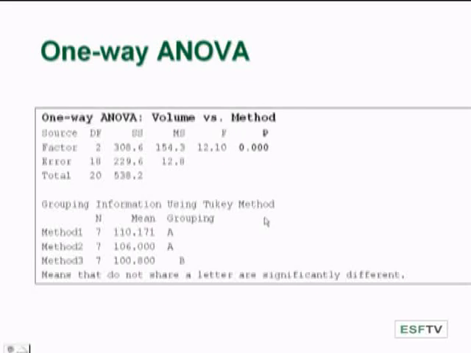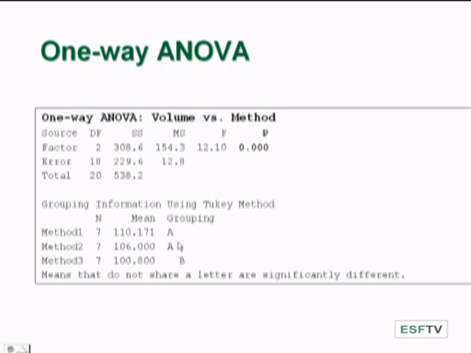This grouping information uses Tukey's method. What we see here is that means that do not share a letter are significantly different. It also gives you the average for each treatment, method 1, method 2, and method 3. What this output is telling you is that there is no statistically significant difference between method 1 and method 2.